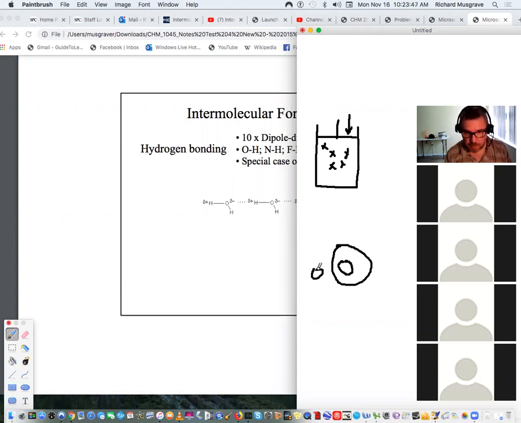Hydrogen is pretty tiny. So we've got a bond between the O and the H. And what that means is this distance here, because the hydrogen's small, we've got a fairly small distance between this delta minus and delta plus.